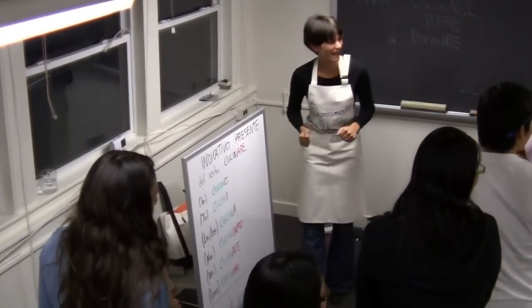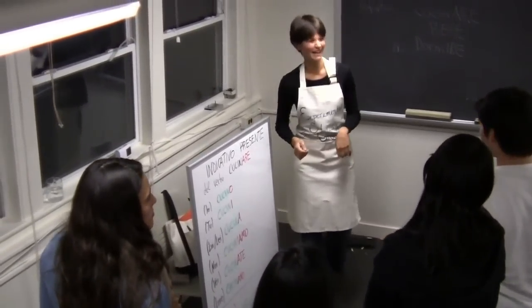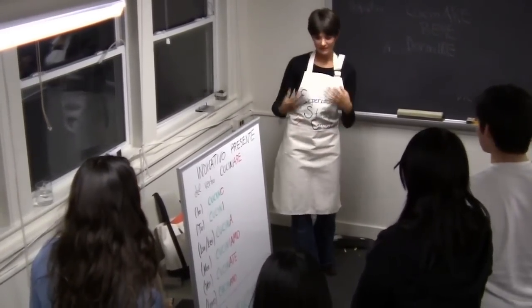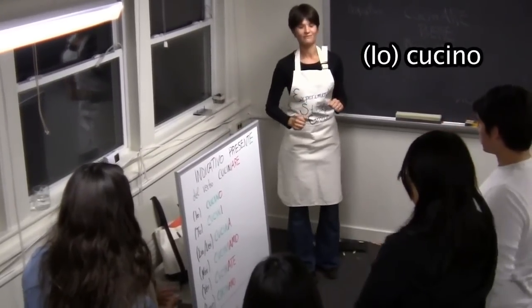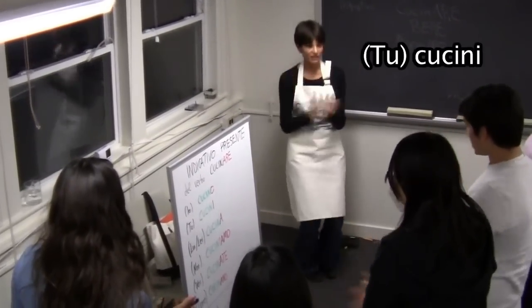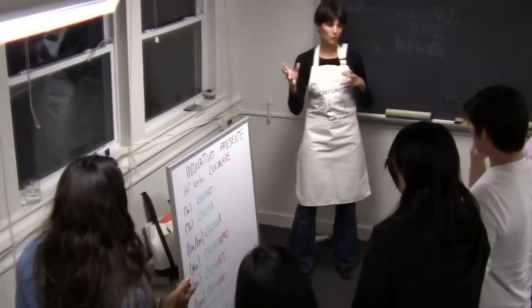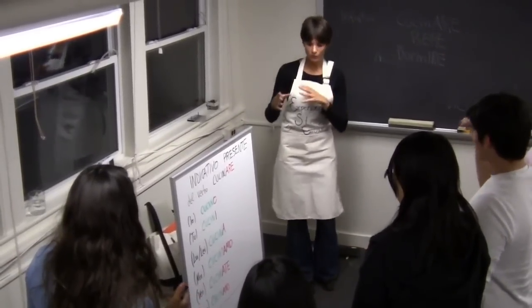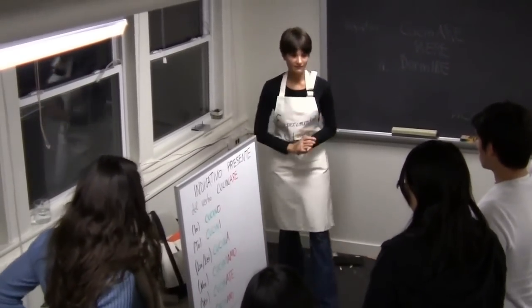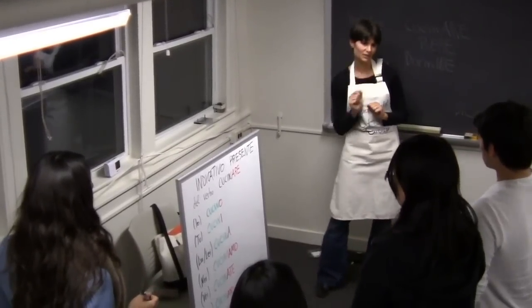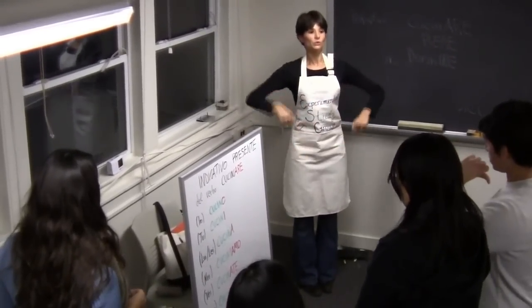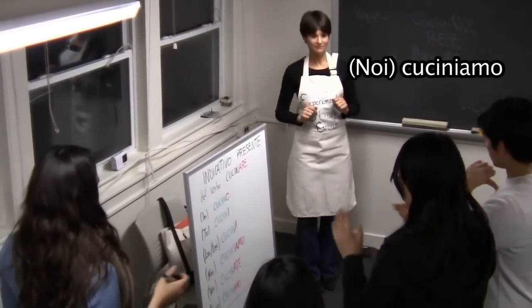So io cucino. Tu cucini. Lui or lei. So lui is masculine and lei feminine. Cucina. Okay? Now it's a little bit different. Noi cuciniamo.